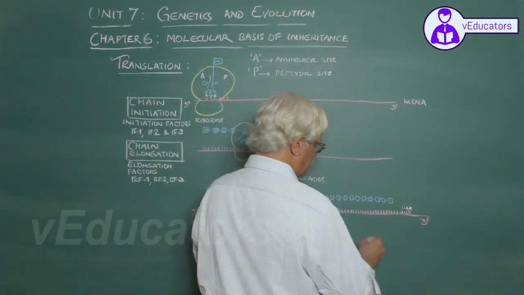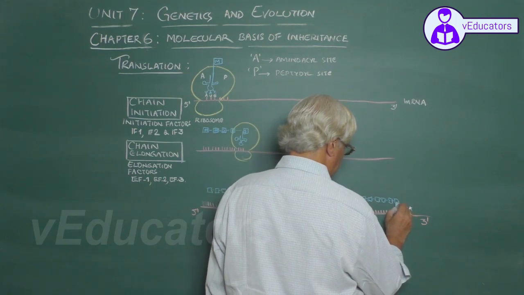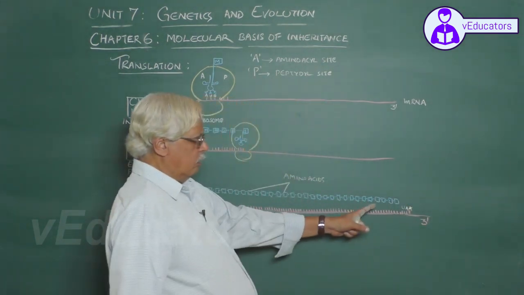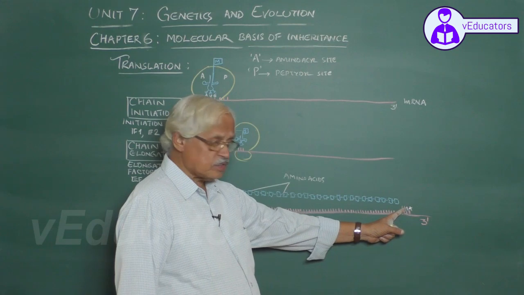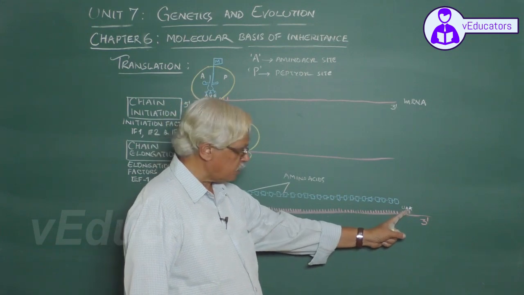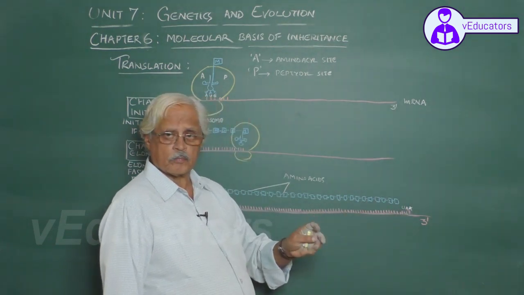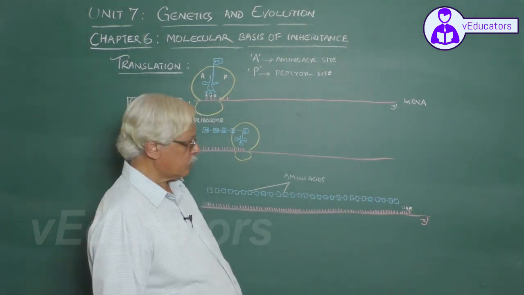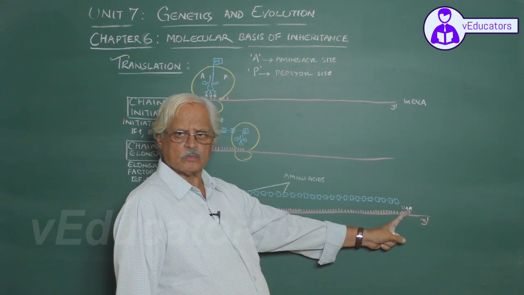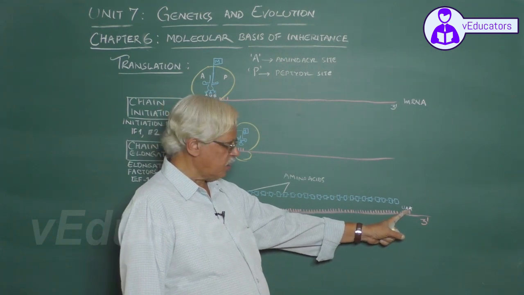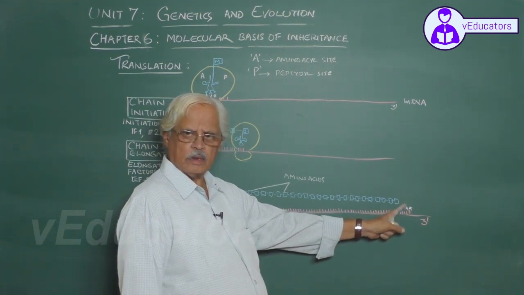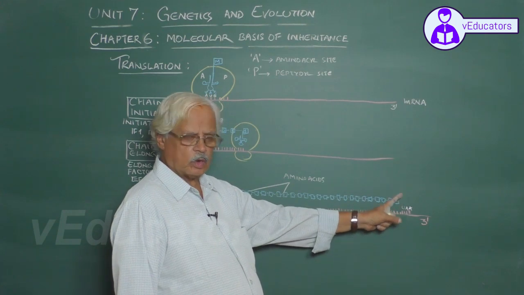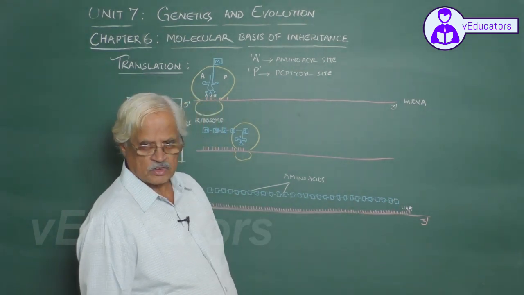Finally, for this nonsense codon, for this terminator codon, there are no tRNA molecules. There are no anticodons, which means no tRNA molecule can come and attach here. No more amino acid can be attached here.